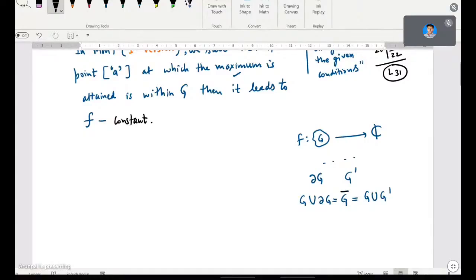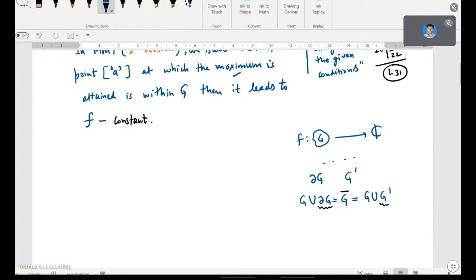Yes, sir. So what I am trying to say is that suppose that A at which the function was attaining its bound, suppose that is not in G. Suppose that is in G dash, or boundary of G. Assuming that boundary of G or G dash are not contained in G, because in case they are contained in G, then it will be G again, and we will have the same situation.